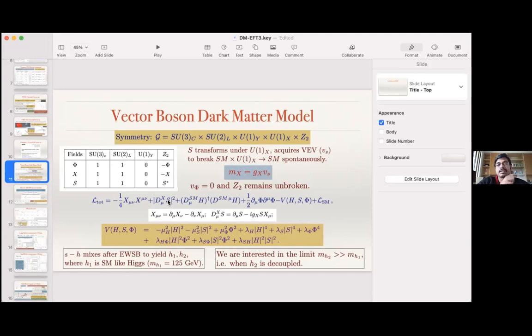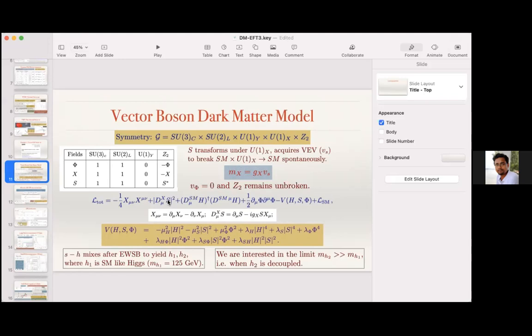This is the main point. However, if you do not have a Z2 symmetry, then no worries, you do not have any transformation. But if your X transforms like X going to minus X under this Z2, then S must go to S star. So, thank you, sir, for the explanation.